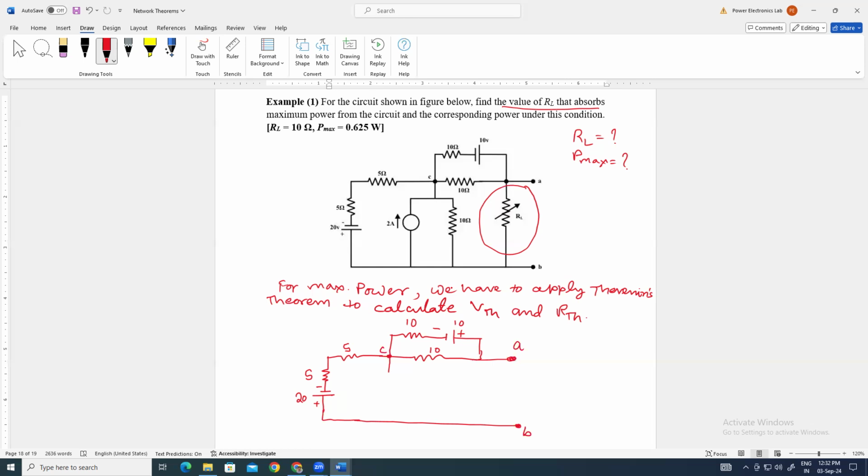Can we convert this combination into a voltage source? Because this is a current source, we know how to convert a current source into a voltage source.